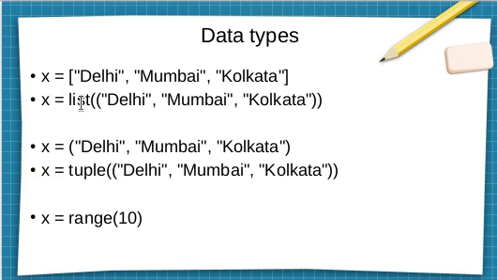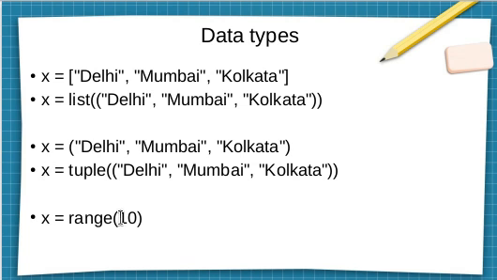So this will be a list and this will also be a list type variable. A tuple can be declared with single round brackets, or also using the constructor with double round brackets with the values inside. So both of these will be a tuple, and x will be a tuple type variable.